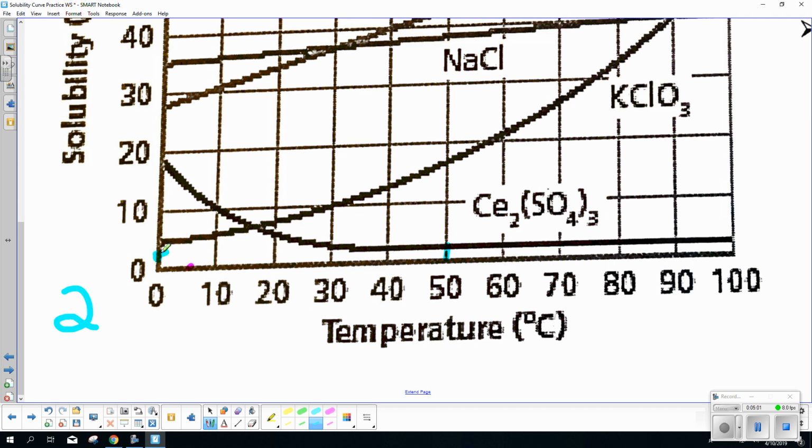It's an estimate: 3 or 4 grams of cerium sulfate for every 100 grams of water. For Ce2SO4, you can see what's happening to the saturation line. As the temperature increases, the solubility decreases, and then it pretty much remains the same after 40 degrees.